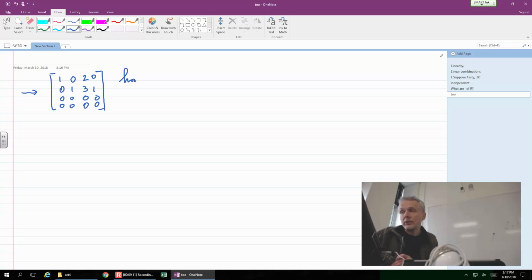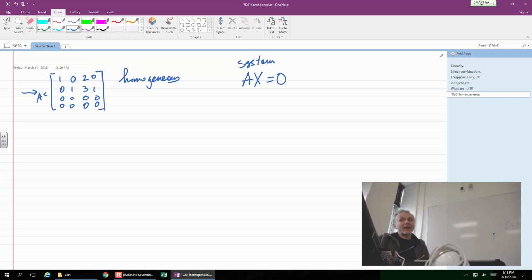So this is my system, and I'm left with a matrix that is the original matrix of the coefficients of my system. So we found the reduced row echelon form.